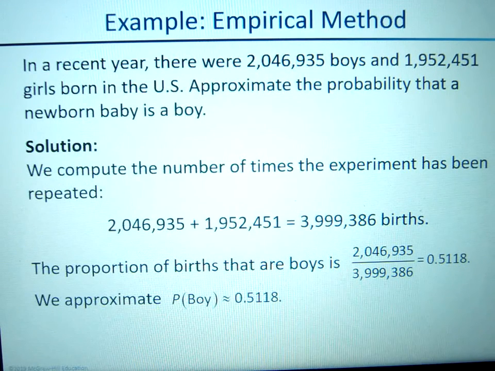So we will first add the births together, and we get a total of 3,999,386 total births, and the proportion that they will be boys will be the number of boys, 2,046,935 over the total births, which comes out to be 0.5118. So we would approximate that the probability of having a boy, based on what we looked at from our data, would be 0.5118.